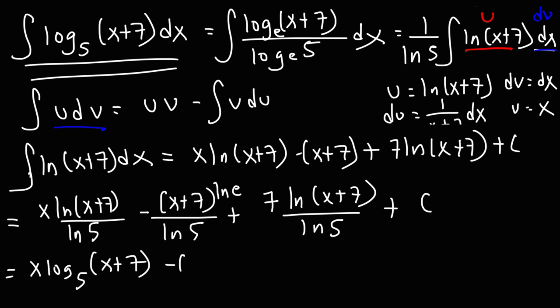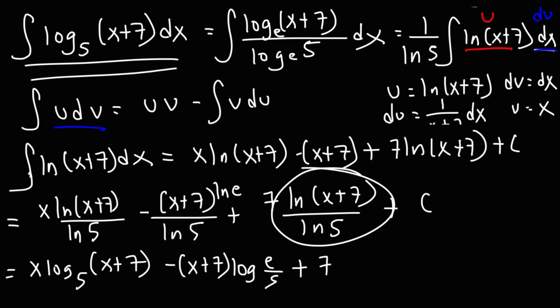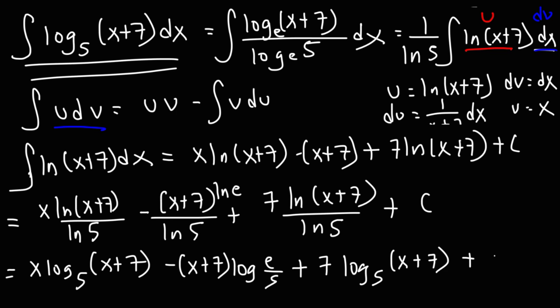So I can write this as x plus 7, and then convert ln e over ln 5 back into its logarithmic form, which will be log e over 5. And then we're going to have plus 7. Converting this back into its logarithmic form, it's going to be log base 5 of (x plus 7), and then plus c.